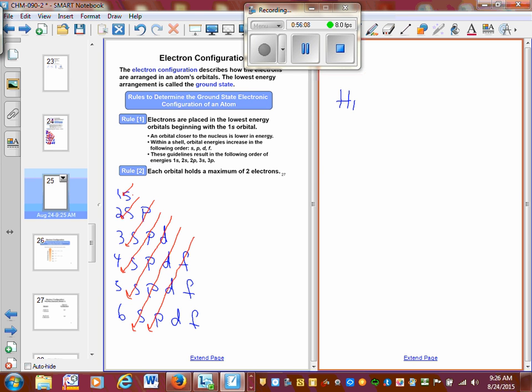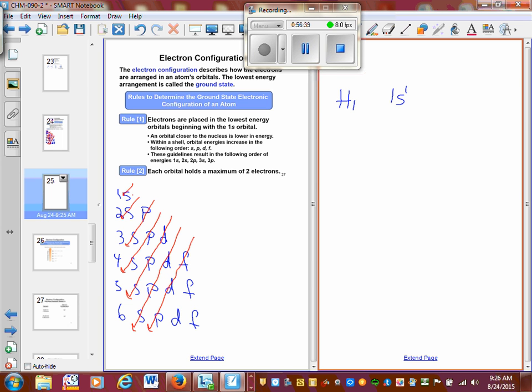Start at the top. What's its principal energy level? 1. What's its subshell going to be? S. How many electrons are we going to stick in the s orbital? How many we got? 1. So we go up here and make a superscript 1. That's hydrogen.